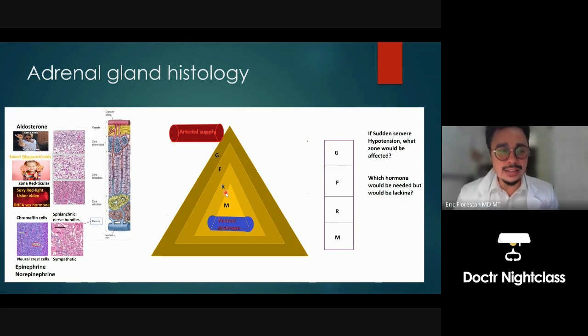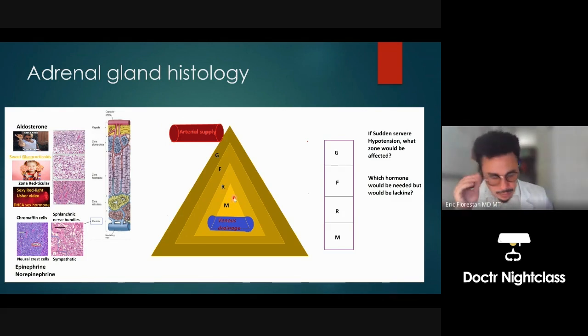Zones. Who gets the blood supply first? It's the glomerulosa layer, okay? Like a lot of Latin endings. The fasciculata, okay? And then the reticularis. Lastly, the medulla is going to get its blood supply, okay?